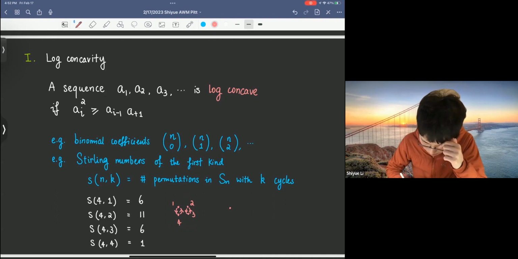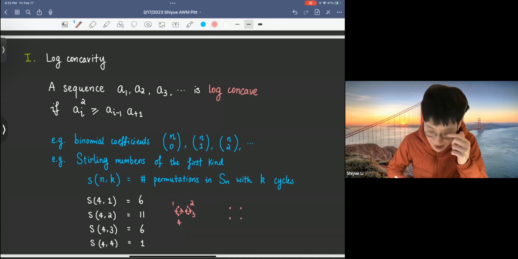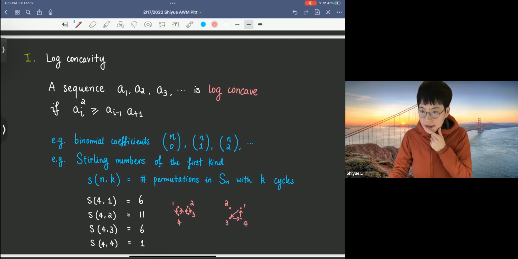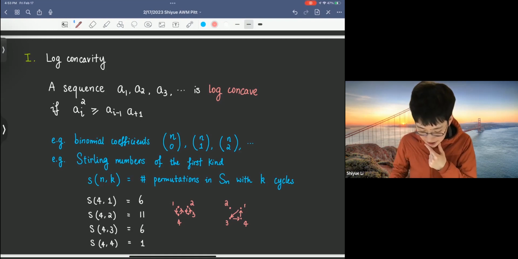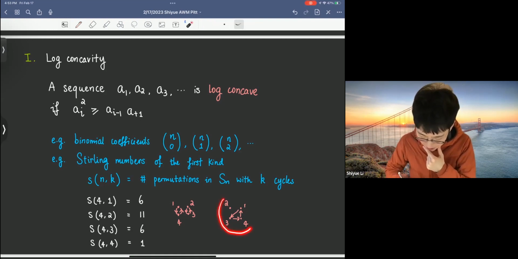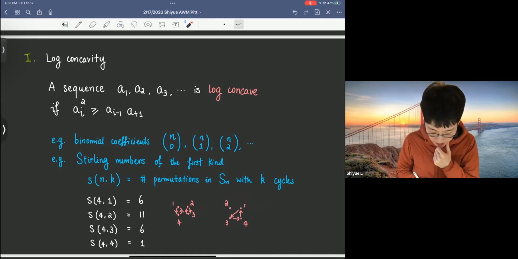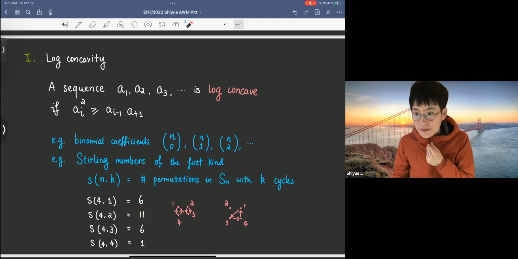There's another type of loop that's given by a choice of a fixed element. Say if I choose 2, and then I let the rest of the 3 elements go to each other in a cycle. If you spend 5 minutes playing this game, you realize there are 8 different kinds. So there are 3 kinds of this and 8 kinds of this. In total there should be 11.